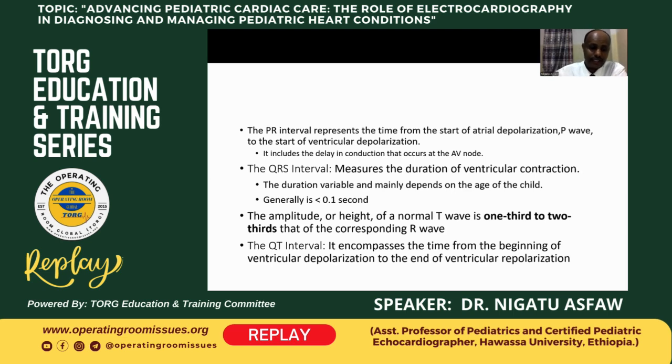And the other is the QT interval. When you say QT interval, it includes both the QRS wave as well as the T wave, from the onset of the QRS to the end of the T wave, that encompasses the time from ventricular depolarization to also including the ventricular repolarization.